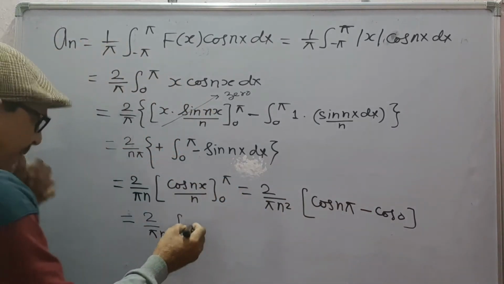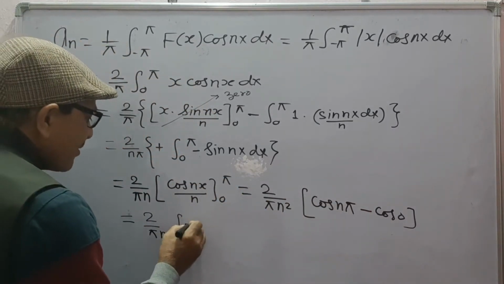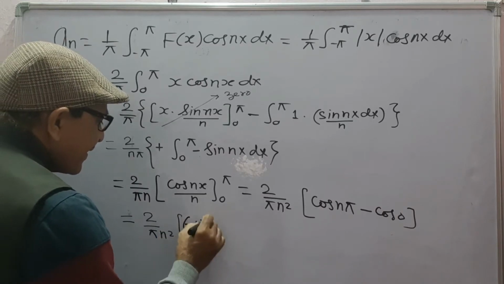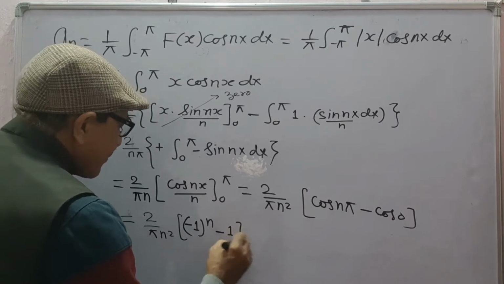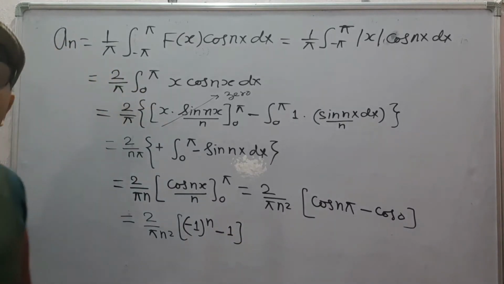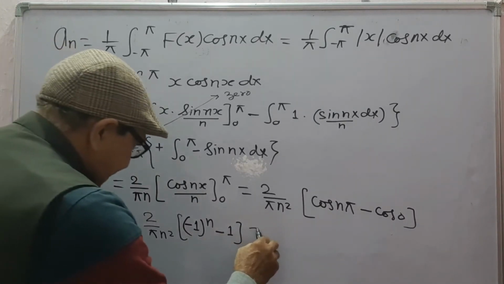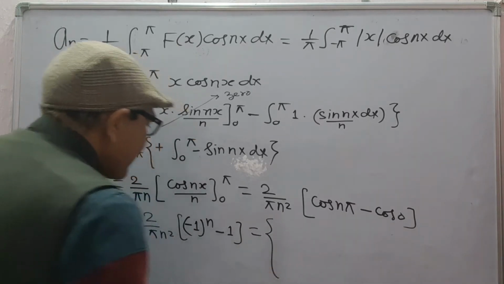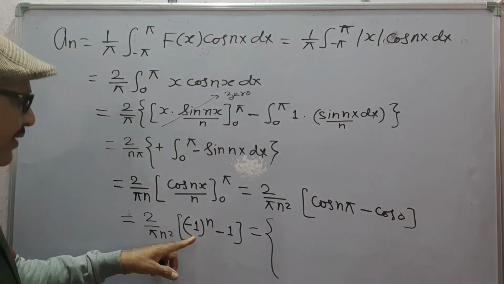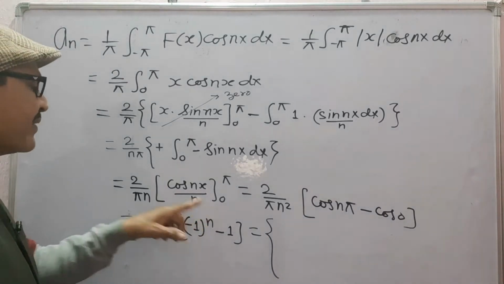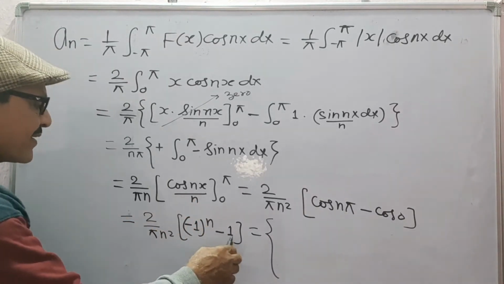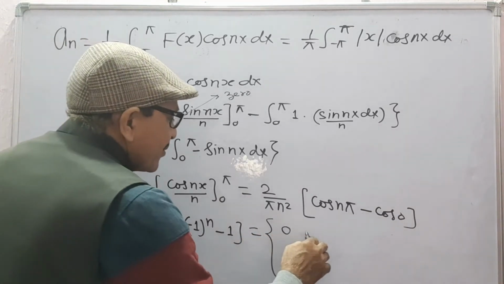Cos n pi can be written as (minus 1) to power n, and cos 0 is 1. So it will give 0 when n is even. When n is even, (minus 1) to power even will be 1, 1 minus 1 will be 0.